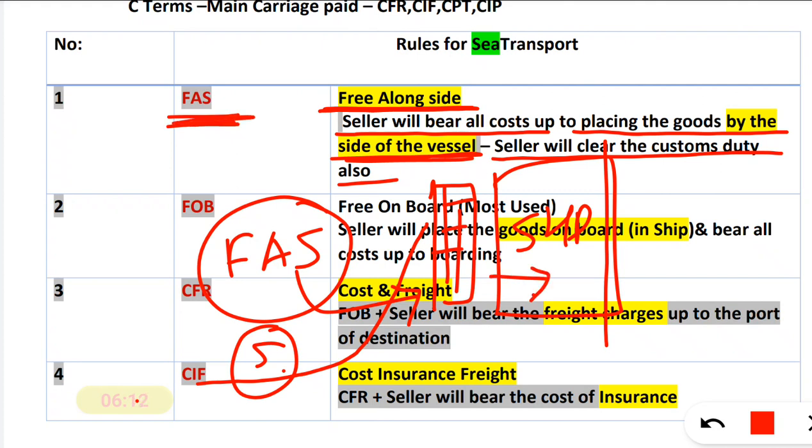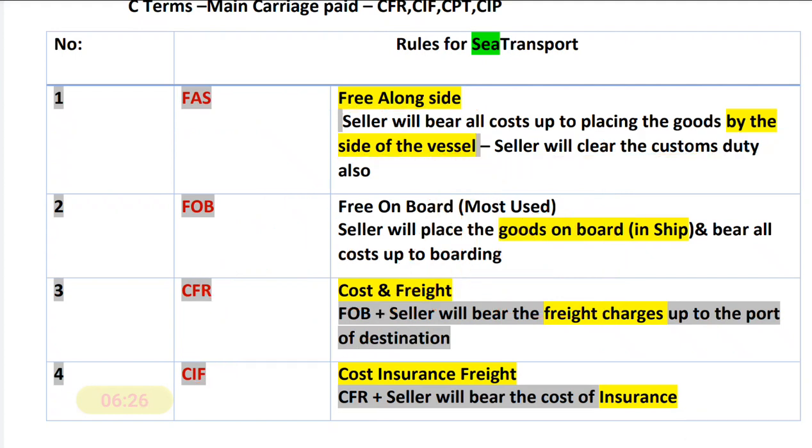Alongside ship means the seller or the exporter will only keep the goods just adjacent to the ship, but there is no involvement of loading, right? That means only along the side. Okay, so what do you mean by the first term FAS? That is free alongside.